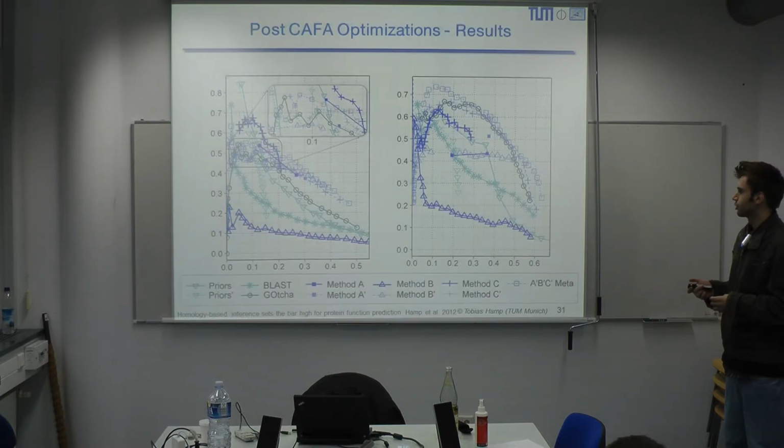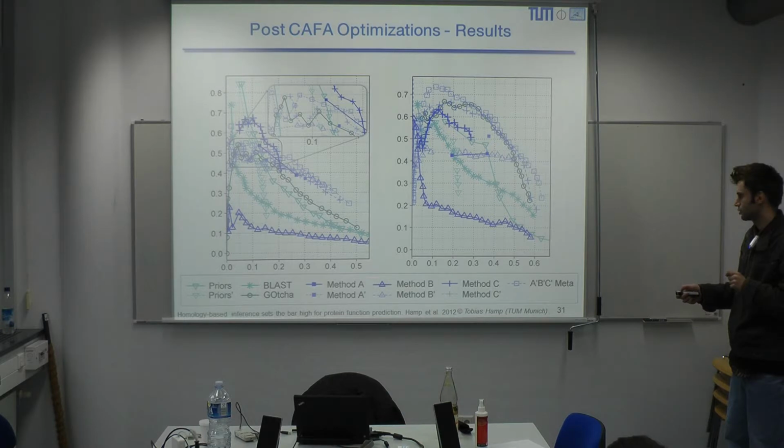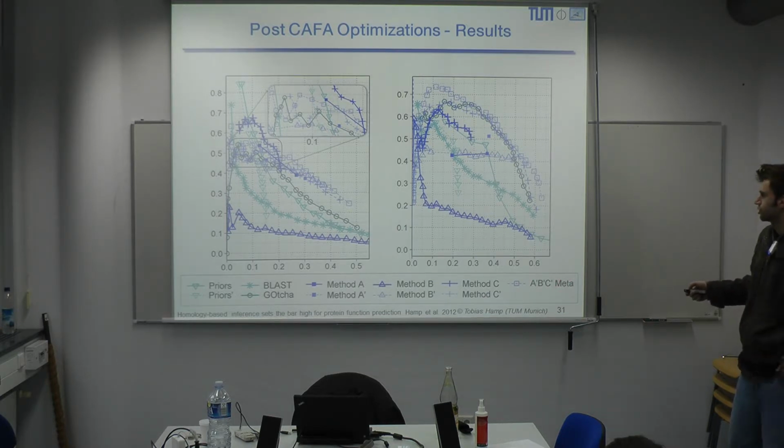And without further ado, we go to the results. You don't have to look at the details of differences of all the methods. Just look at the best performing ones here. These light squares are from the best method, namely the meta predictor on the optimized baseline methods.